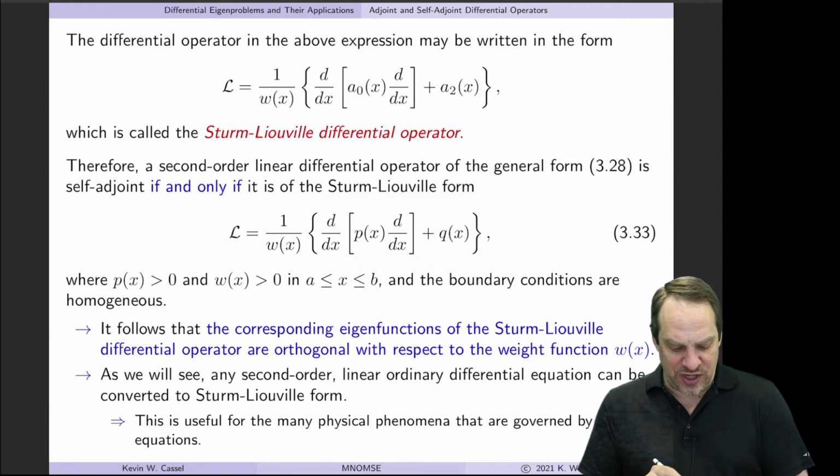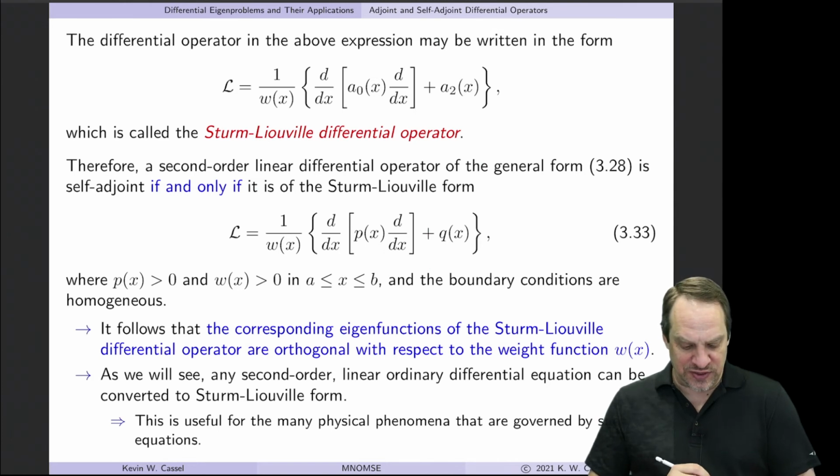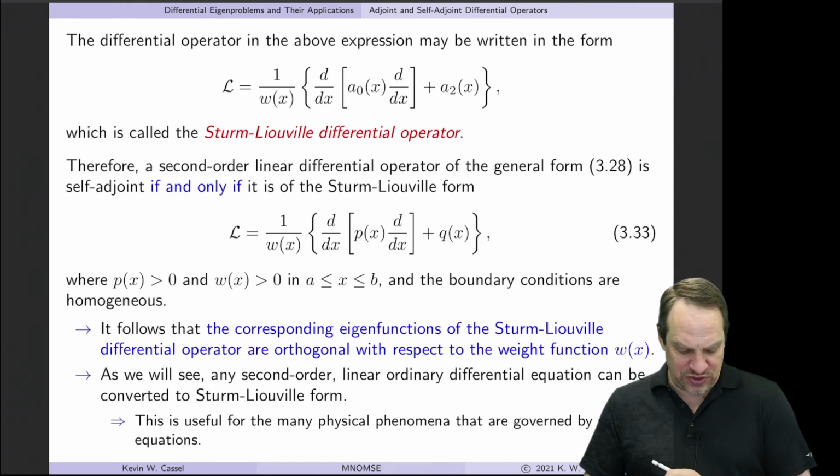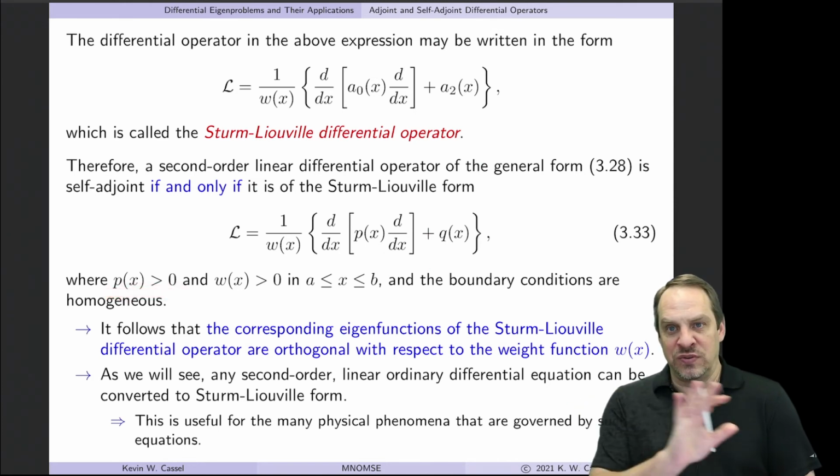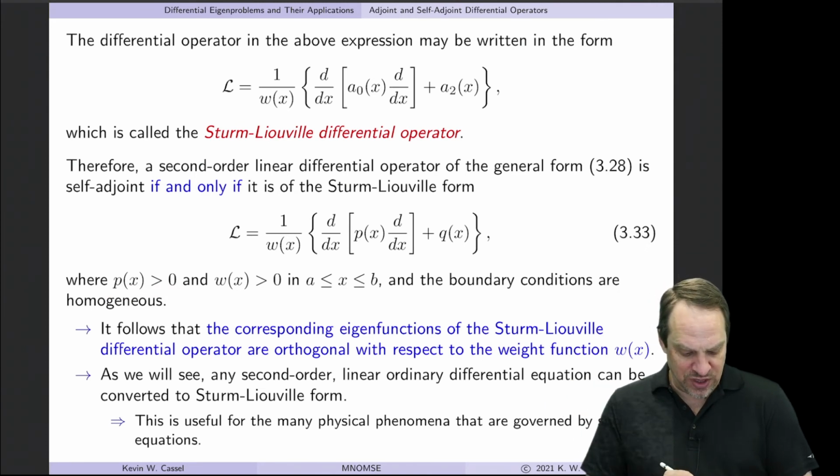Now you notice I've just traded out the A0 for P and A2 for Q. This is using the general notation that we use for SL or Sturm-Liouville equations. Now the P has to be positive across the entire domain, as well as the weight function W also has to be positive across the entire domain.